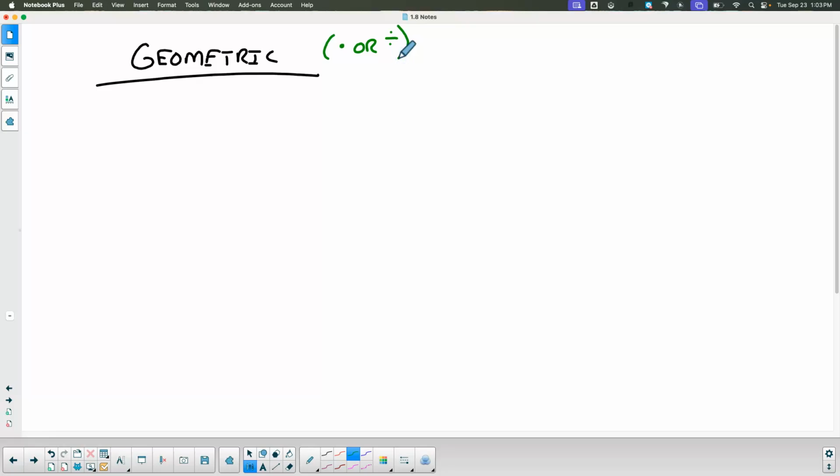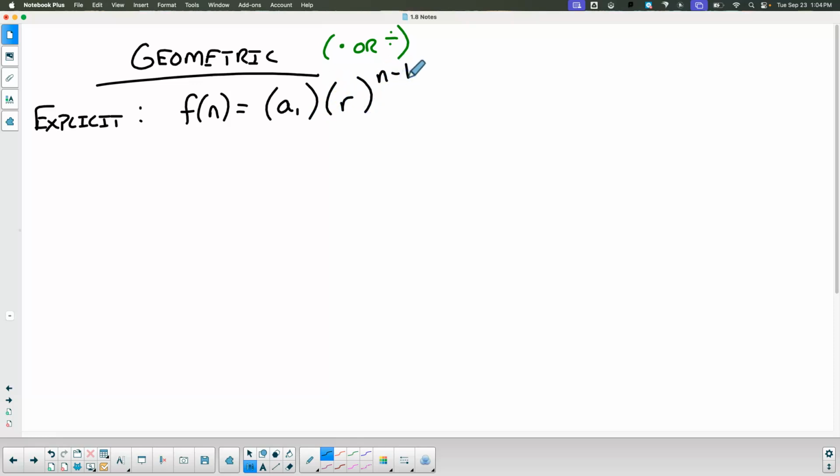So the explicit function is going to be f of n equals a sub 1 times r to the n minus 1 power, where this is your first term, which is also why this is a 1.